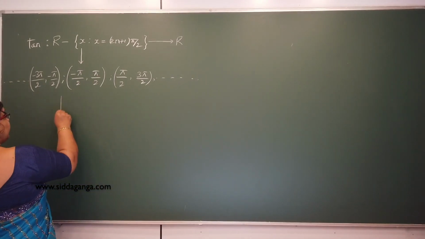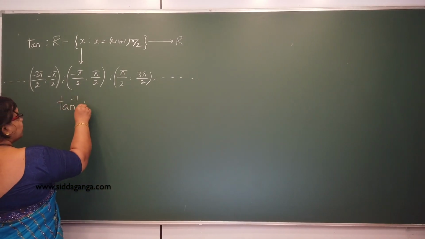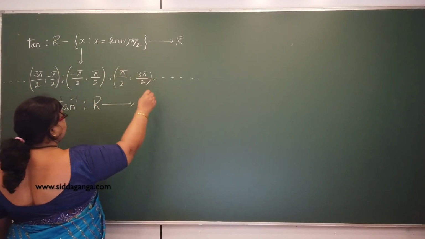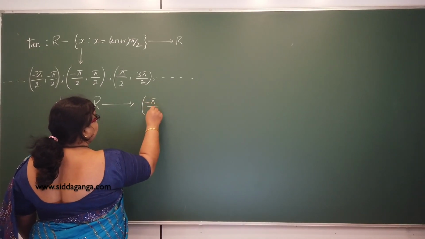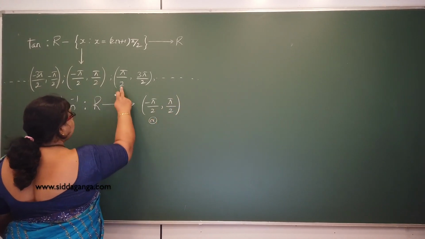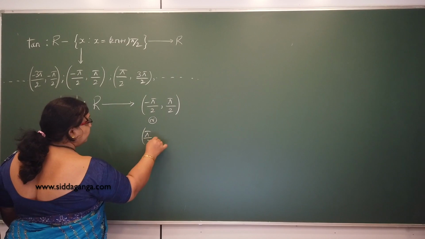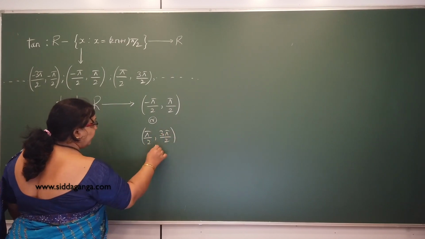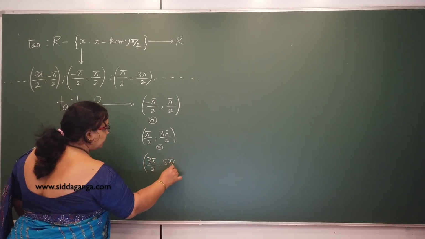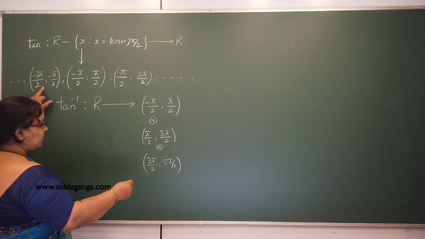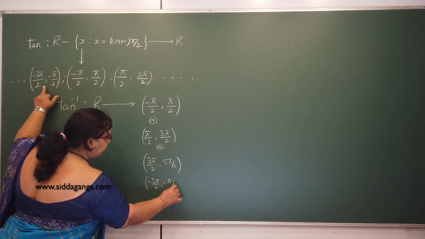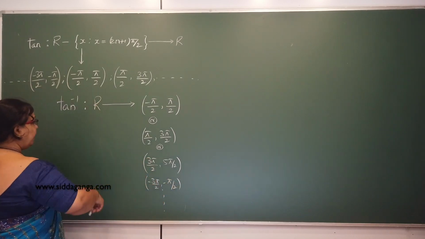Therefore, tan inverse is a function from R to any one of the intervals you take: minus pi by 2 comma plus pi by 2, or pi by 2 comma 3 pi by 2, or 3 pi by 2 comma 5 pi by 2, or even minus 3 pi by 2 comma minus pi by 2, and so on, where the domain remains the same.